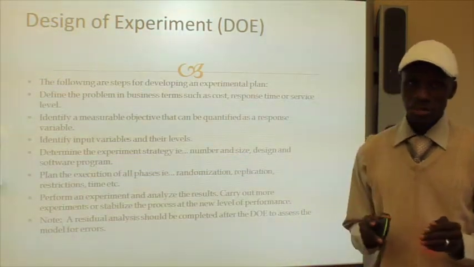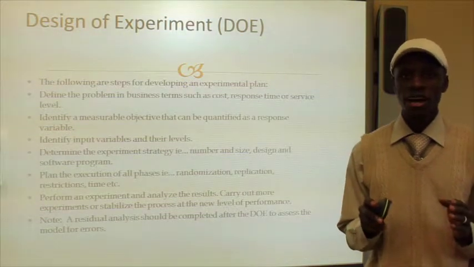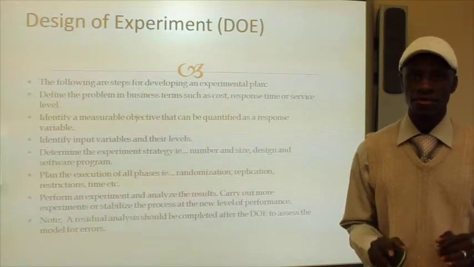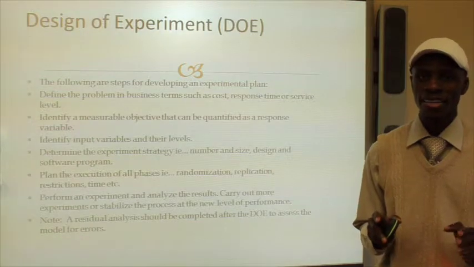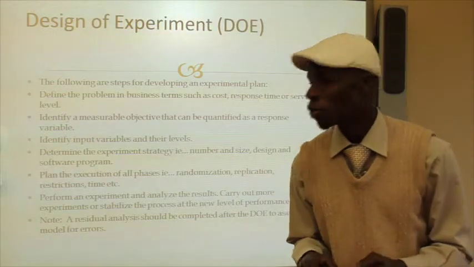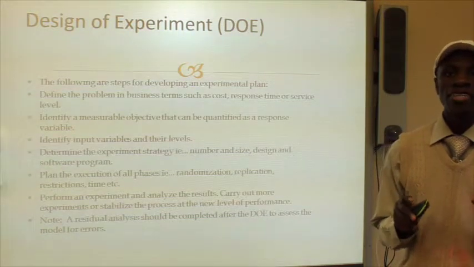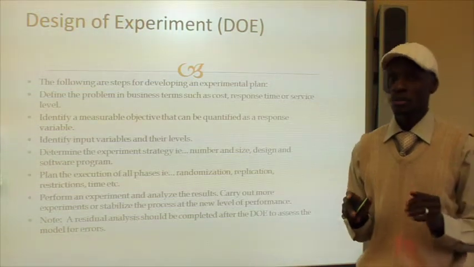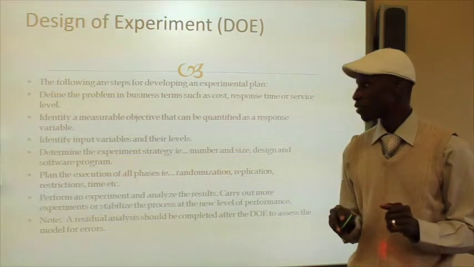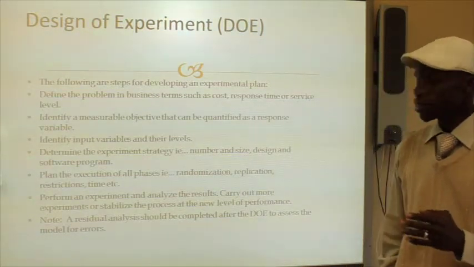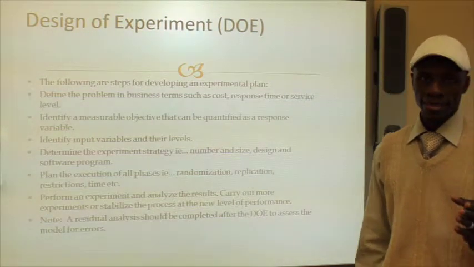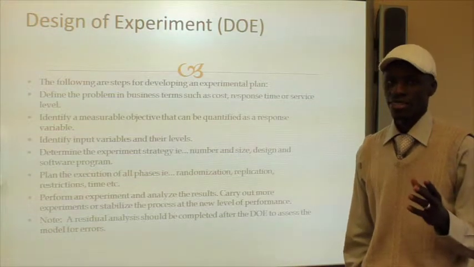The second step is to identify a measurable objective that can be quantified as a response variable. And the third step is to identify input variables and their levels. Next is to determine the experiment strategy.